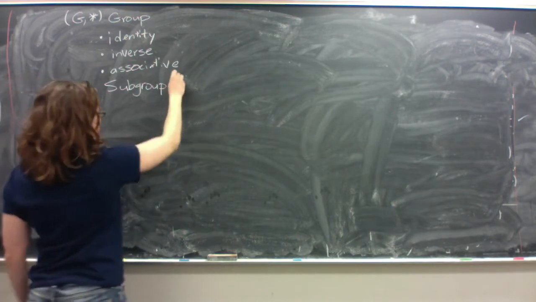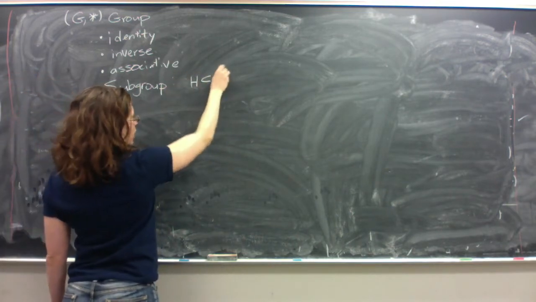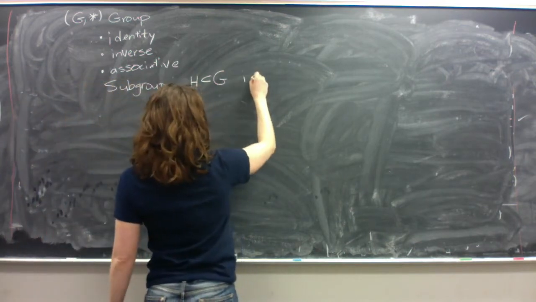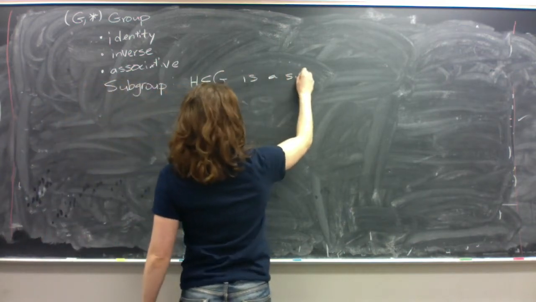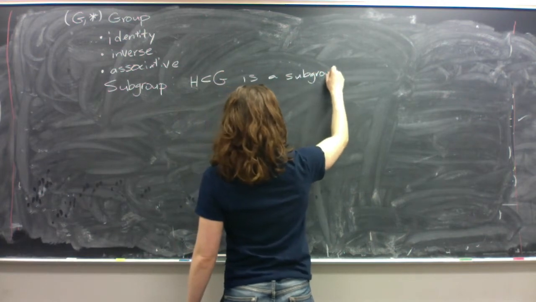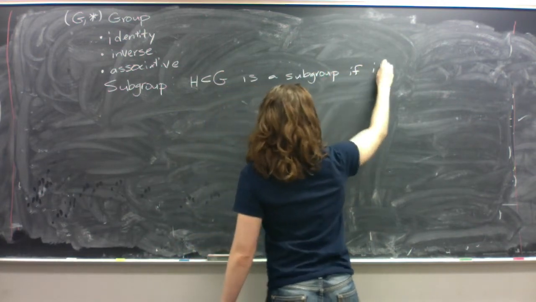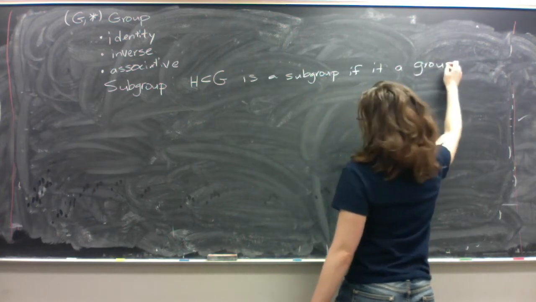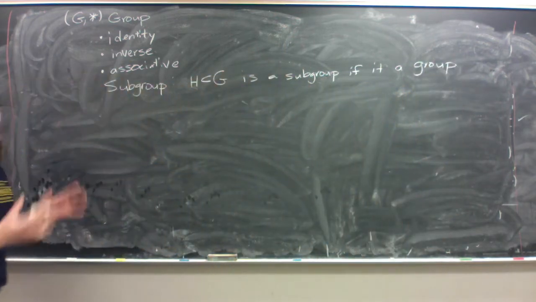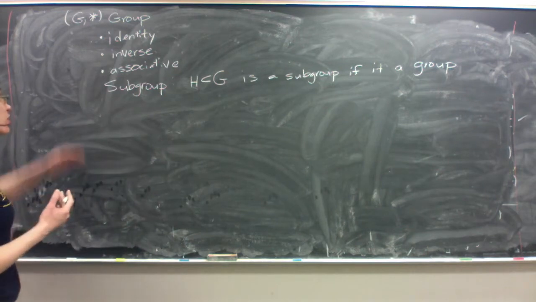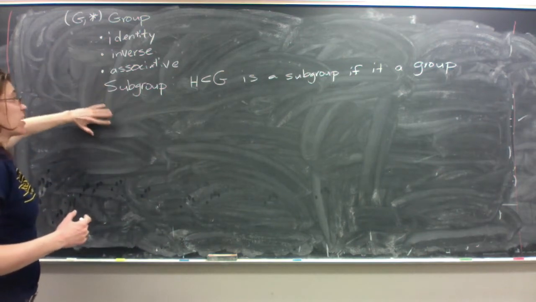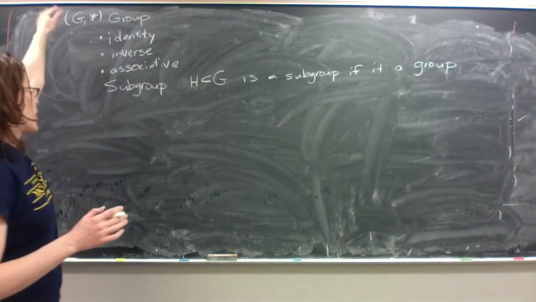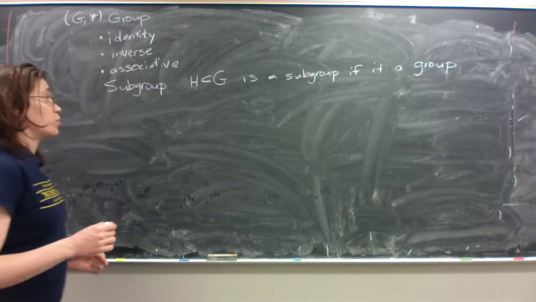Okay. We also learned the term subgroup, where we say that H, which is a subset of G, is a subgroup if it is also a group itself. Okay, but let's look at what this means, because what we need to check here is a little bit different than what we need to check to verify that a set with an operation is a group.